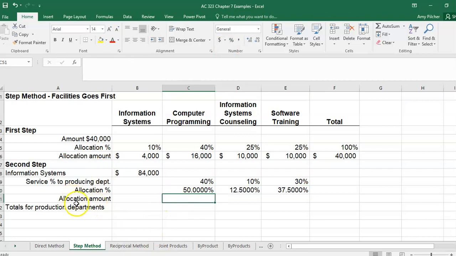And our allocation amount is this 84,000 times the percent of allocation.